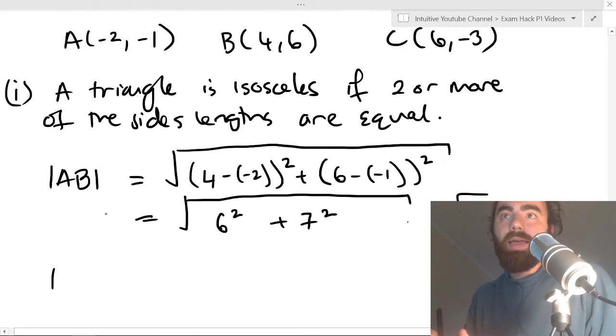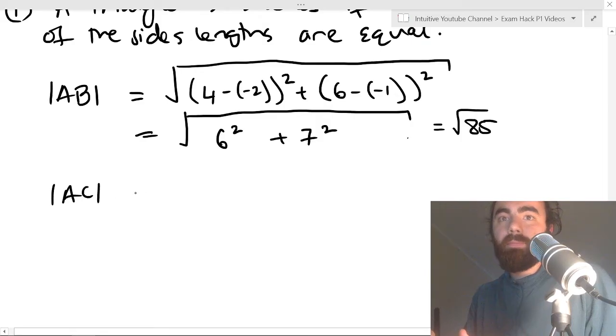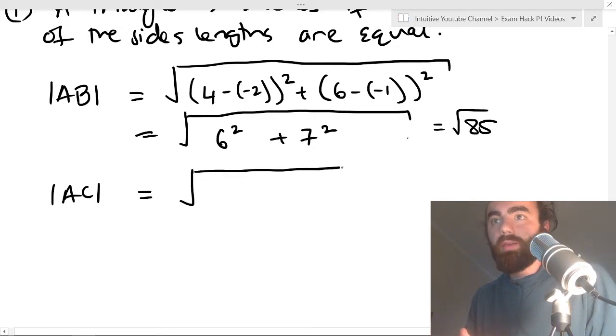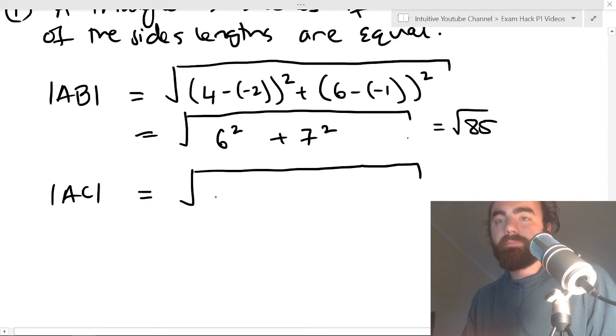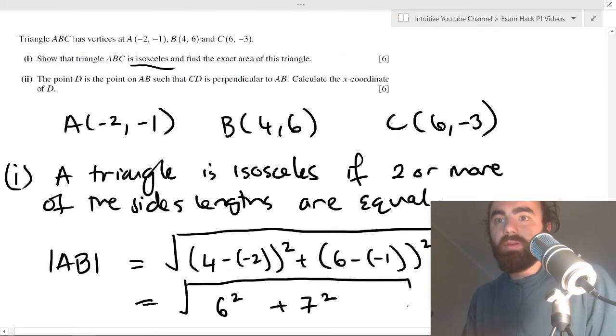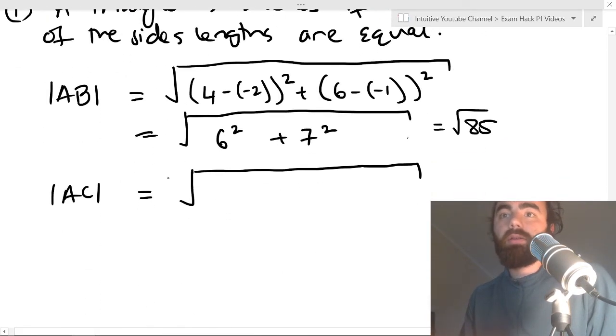Let's do AC. AC will be 6 minus -2. See, look, I almost made a stupid mistake.